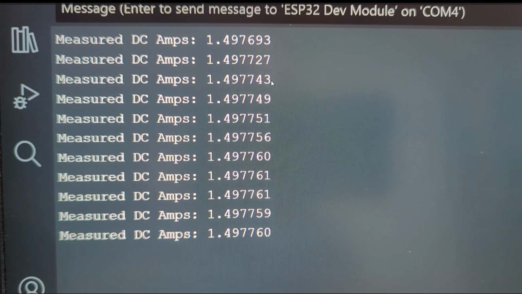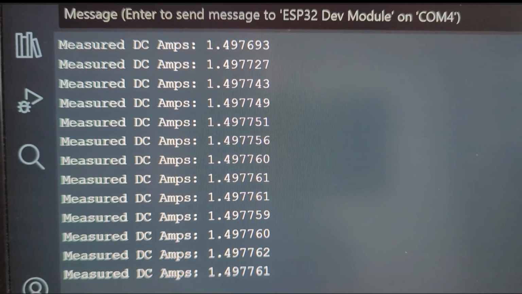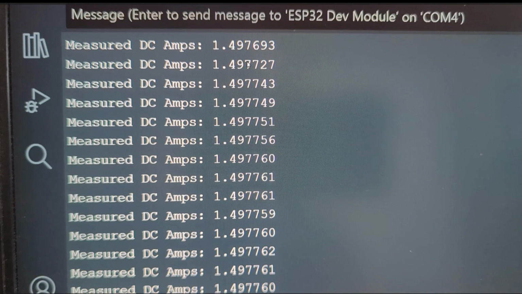So we can see that our current starts out, we're only looking here in the microamp range, but here we have about 693, 727, 743, 749, 751, so on and so forth, until it sort of levels out in this 59, 60, 62 range.